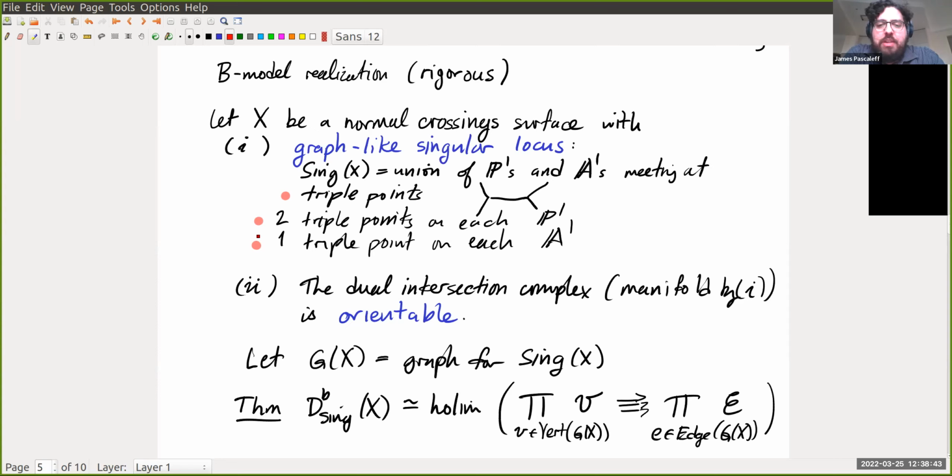So let's take graph-like singular locus. Then there's another condition, which is kind of weird. If you take this normal crossing surface, it has a dual intersection complex.